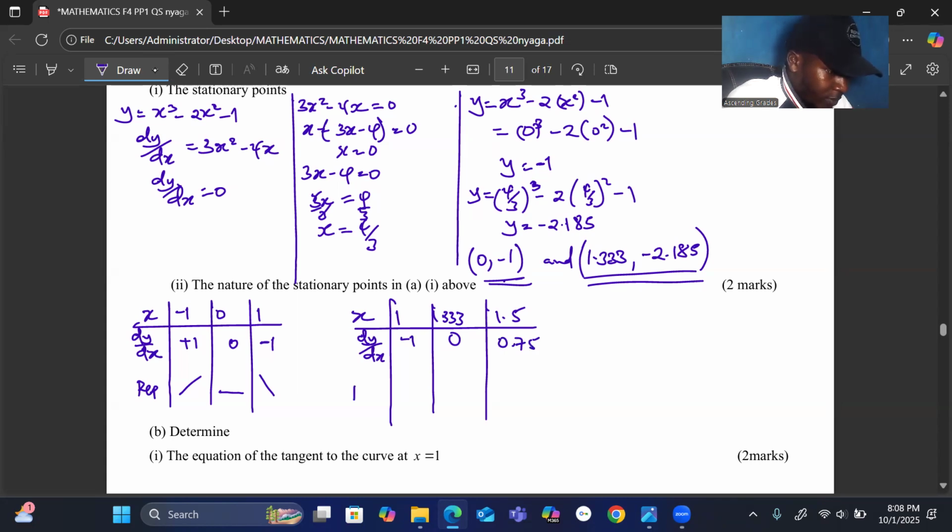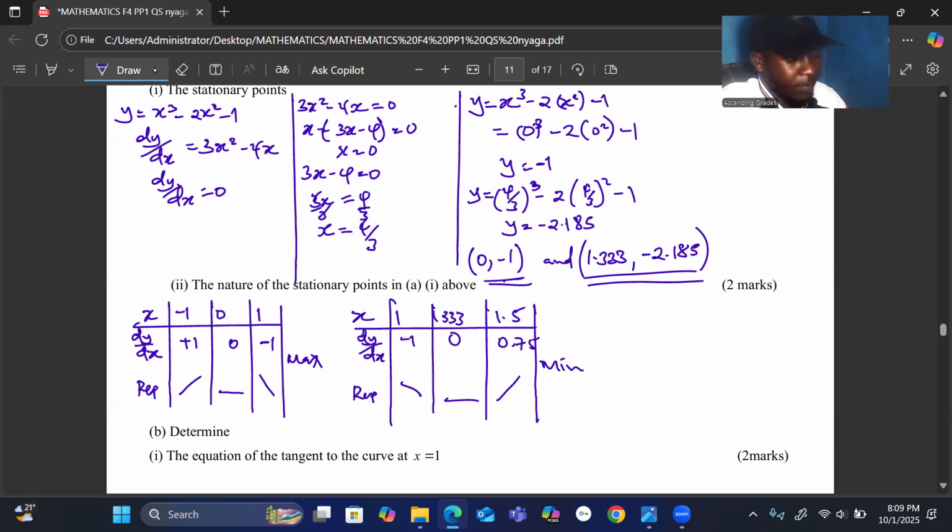Now, a diagrammatic representation. So 0, this is how 0 is represented. And then this is a positive value, and negative on the other side. So that is how we represent this one. Now in this case, this is maximum, then this one is a minimum point.